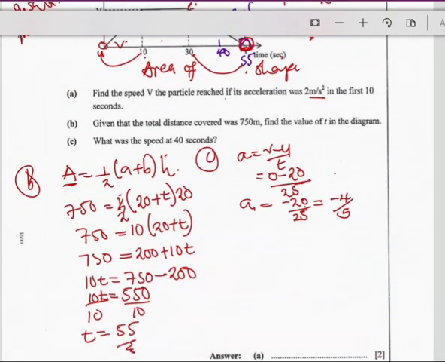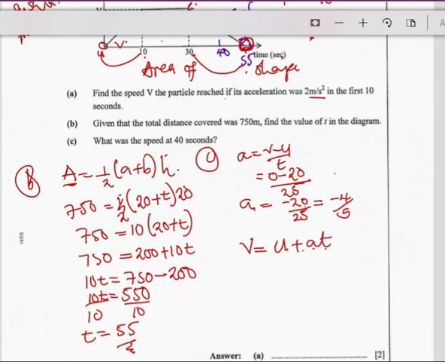Now the question says the speed at 40. Our v will be equal to u plus at. Final velocity is equal to initial velocity plus acceleration or deceleration times time.